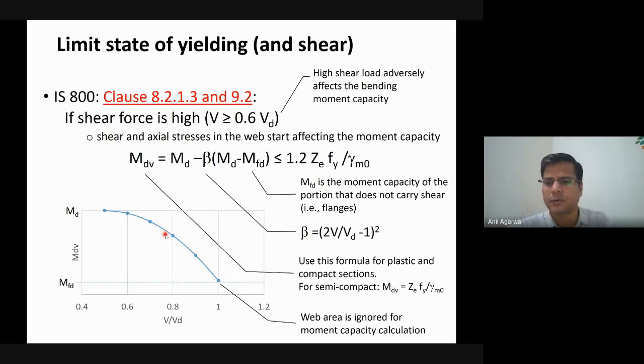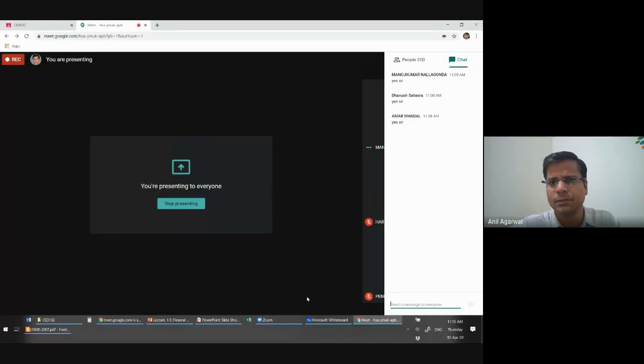For semi-compact section, the formula is MdV is equal to Ze, because in a semi-compact section, you are allowing only the extreme fibers to undergo yielding under flexure. So basically, let me repeat the question. Is it Manoj who is asking this question?